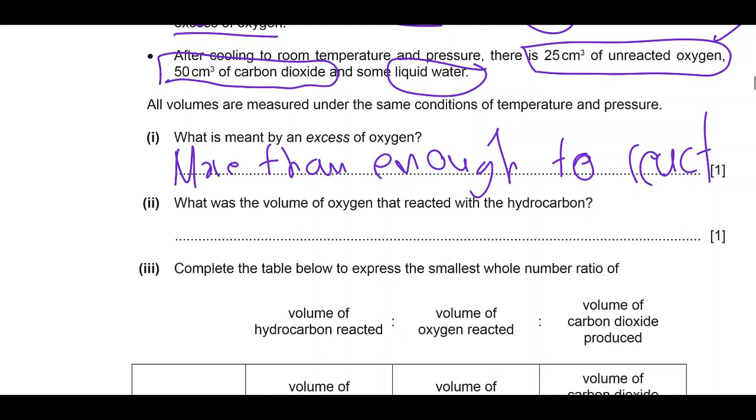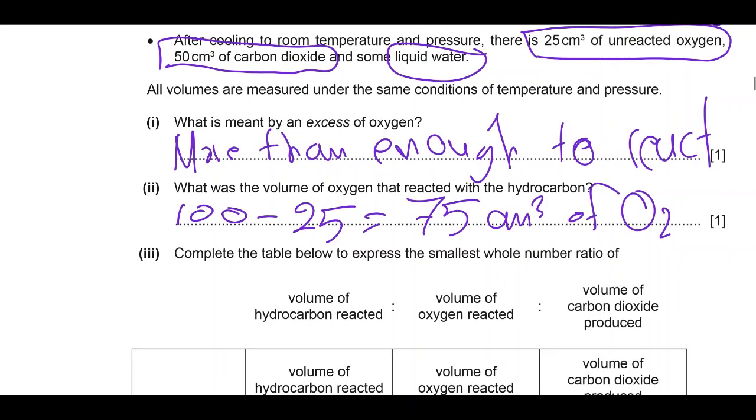What was the volume of oxygen that reacted with the hydrocarbon? It's only 75, because you started with 100 and the rest is 25.